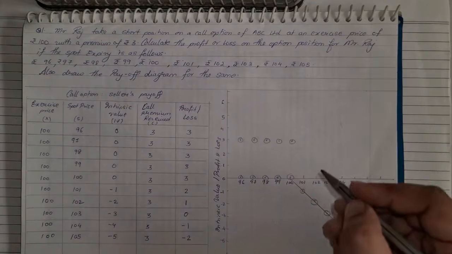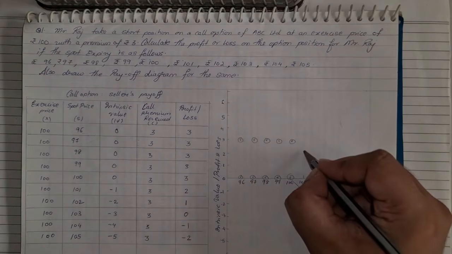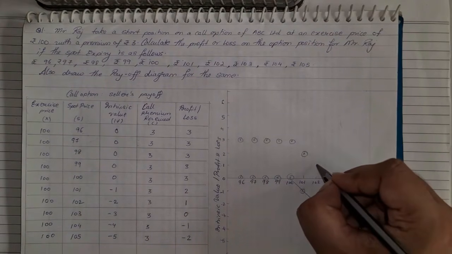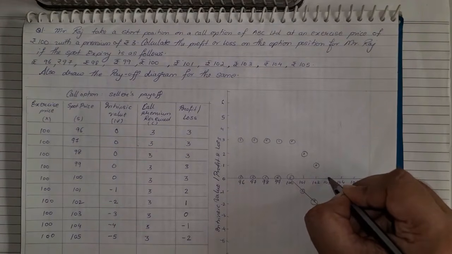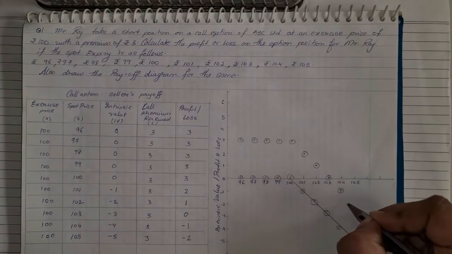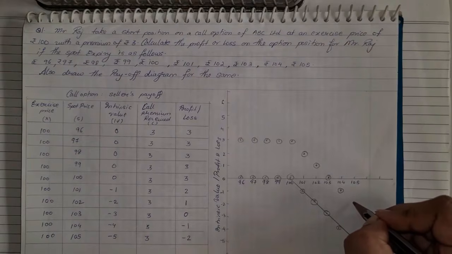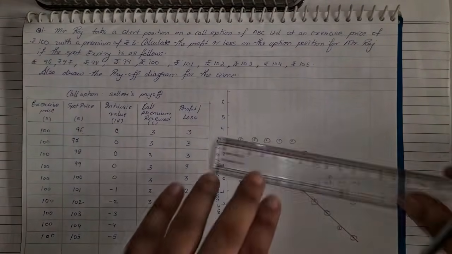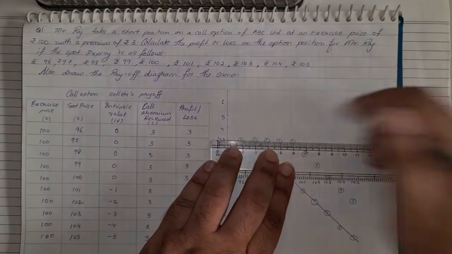Now at 101 the profit reduced to rupees 2. At 102 it became 1. At 103 it became 0. At 104 it went to the negative quadrant as negative 1. And at 105 it became negative 2. So again this is also a downward sloping line. So we'll just join it with the help of a ruler.